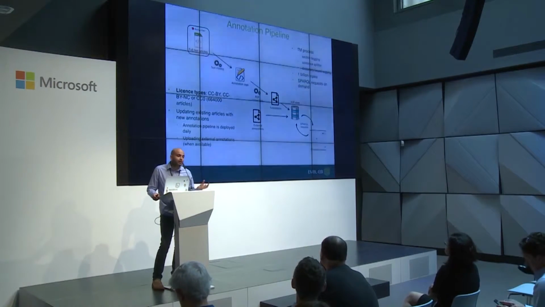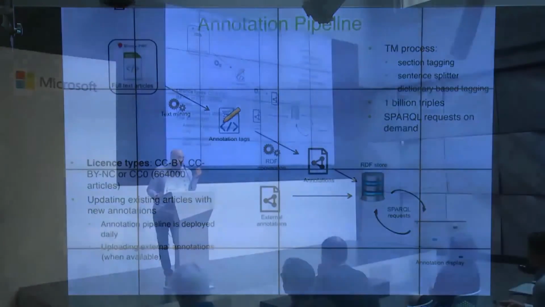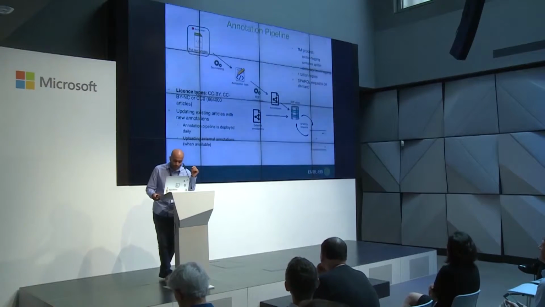These annotations are exposed as RDF and stored in a dedicated RDF triple store, and we also include the external annotations. Generally, we encourage providers to follow the web annotation model, and we also provide some assistance in modeling the data.